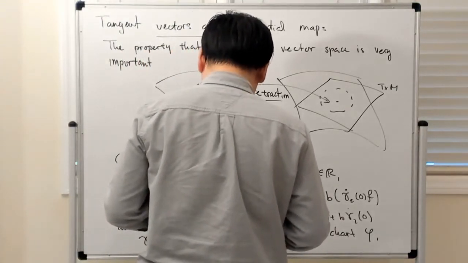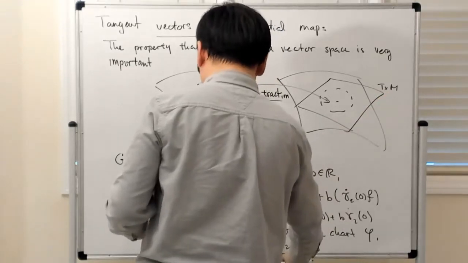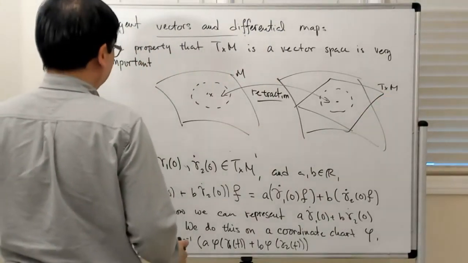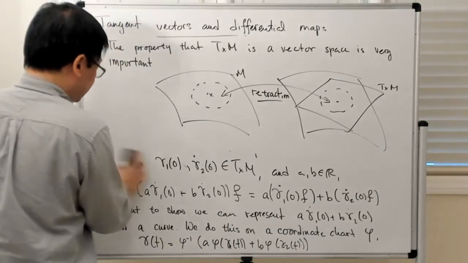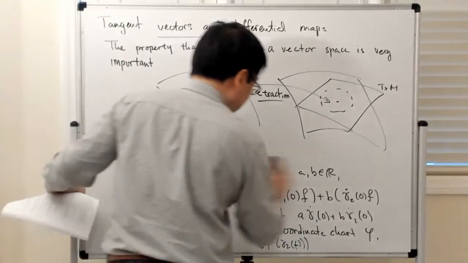And then you can check that the dimension of this tangent space is equal to the dimension of the manifold. Okay, so let me just state that in words. You can check this using local coordinates.